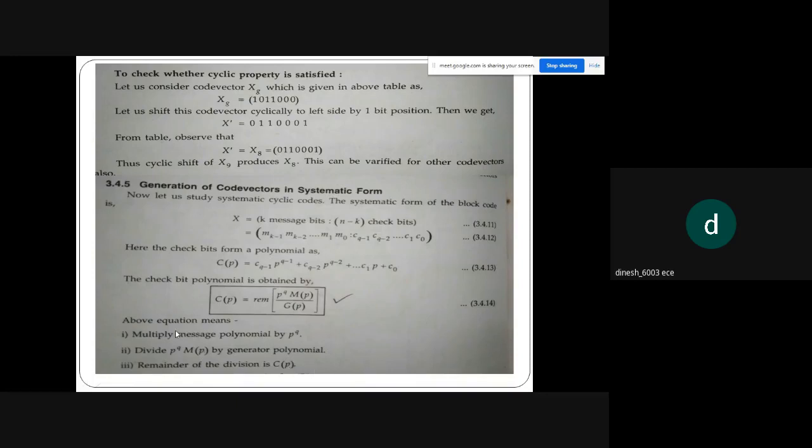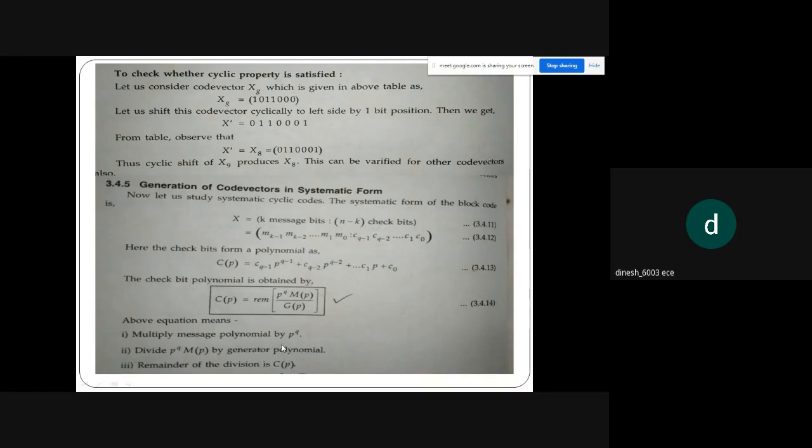So what do we do is that p^q should be multiplied. So here multiply the message polynomial by p^q, the message in the sense m_{k-1}, m_{k-2}, m_{k-3} till m_1, m_0.